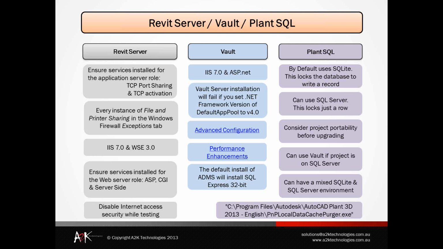So obviously the more people you have working on a project, that's going to become an issue. So that's why you would then move to an SQL Server, which simply locks a single row or a single record in the database rather than locking the entire database. Okay.